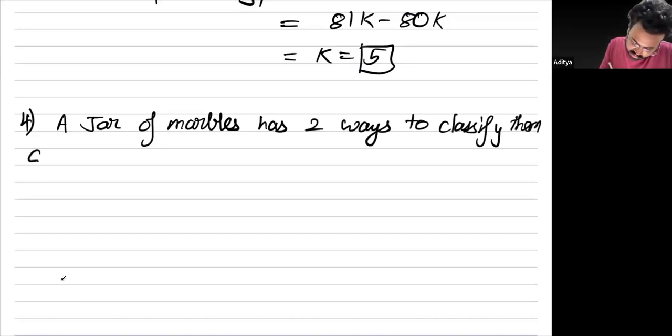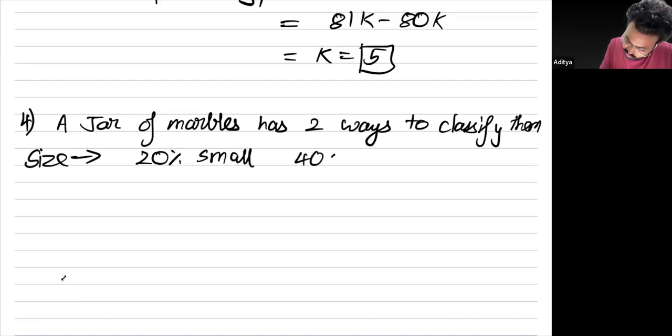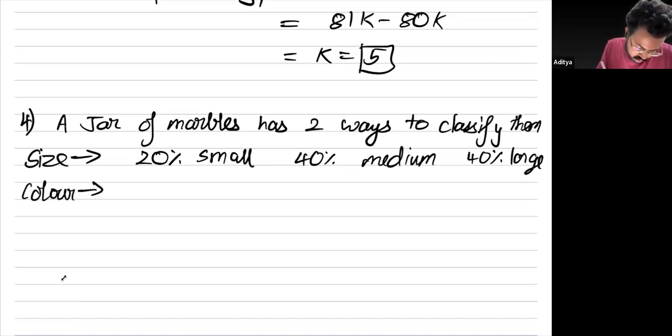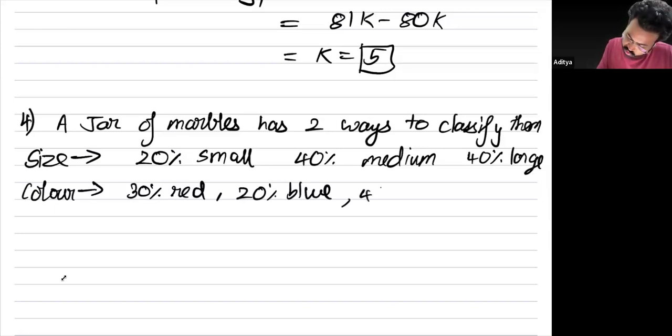According to size, we have 20% small, 40% medium, and 40% large. And then you have color. Based on color, you have 30% red, 20% blue, 40% green, and the remaining 10% yellow.